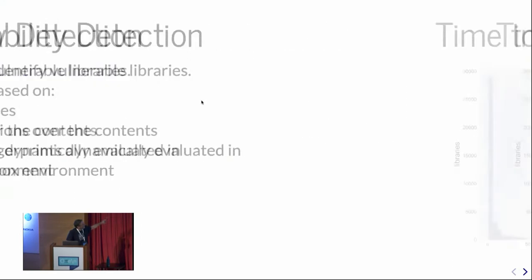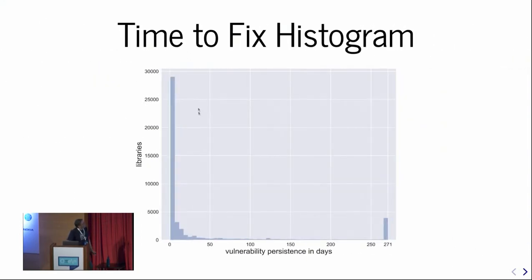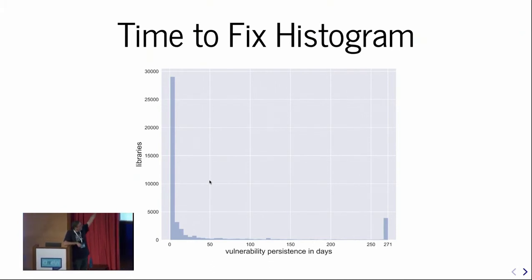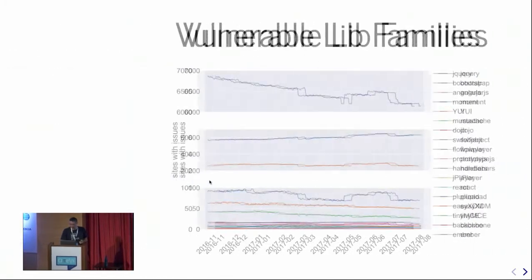We found that there were tens of thousands of JavaScript libraries out there in the wild that had problems, right? And not all of them were fixed in time. It took a lot of time to fix them. It means that you had websites having vulnerable libraries for tens of days or even hundreds of days. People did not care to fix them, it seems.